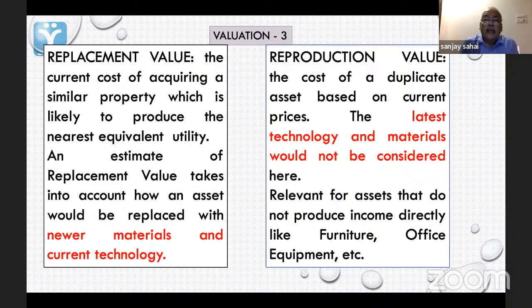If you do that, what will be the cost of creating this duplicate company? वो क्या आएगा? Whatever is the cost, that can be considered to be the value of the company. कि भाई अगर इसको अपने से बनाते, this would have been the cost. Similarly, if I use replacement value, if I replace all the assets using new technology, this will be the cost. So these are different values that we have.